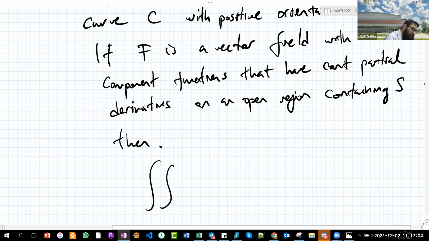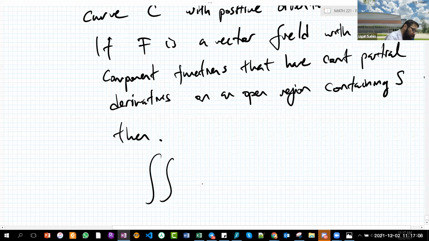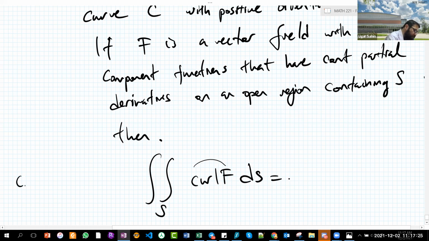the integral of this vector field, but not the vector field itself. It is about the curl F. We have seen the curl F before. If you want to calculate the curl F over the surface, curl F was another vector field. If you remember, let me remind you how you calculated it.